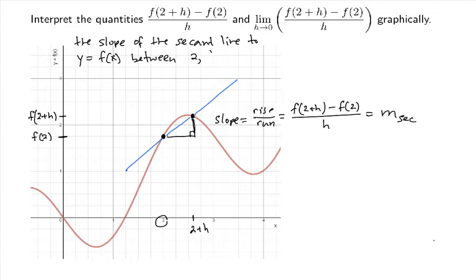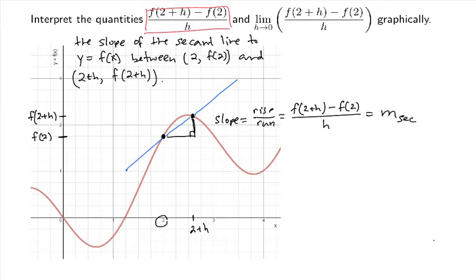Well, between (2, f of 2) and (2 plus h, f of 2 plus h). That's precisely what this quantity right here is.